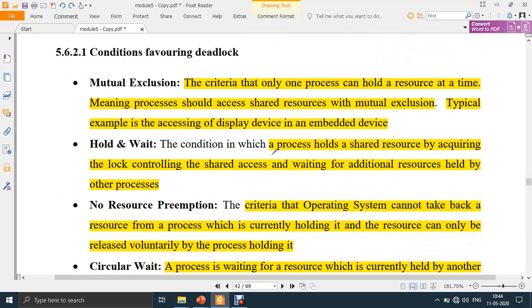Hold and wait is the condition in which a process holds a shared resource and waits for additional resources. This should not happen.